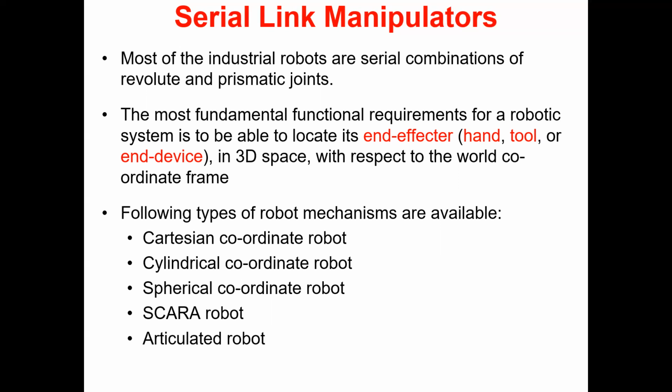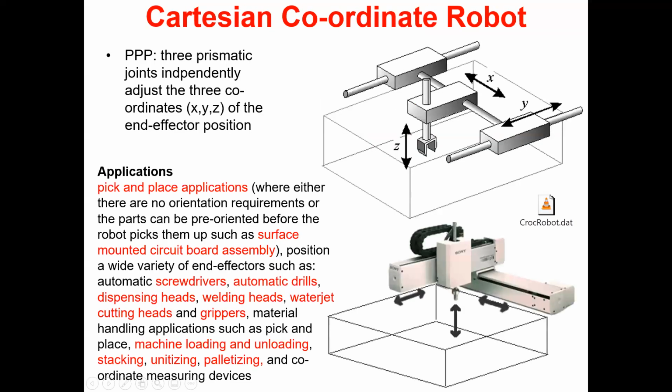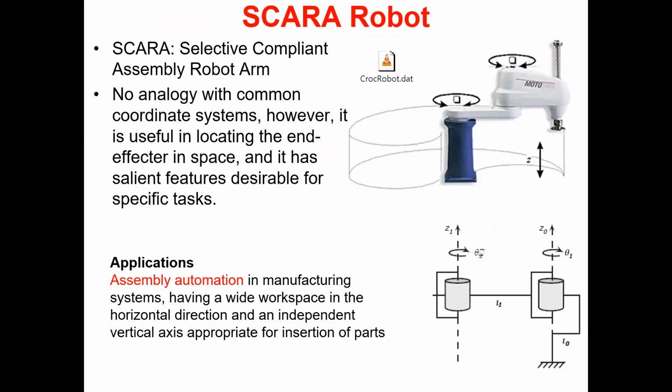So let me show you what the SCARA robot is. SCARA robot is something like this. It has one rotary joint over here and a second rotary joint over here. They are both on the same parallel axis. This one and this one, they're parallel. And then over here, you have the vertical one going up and down.